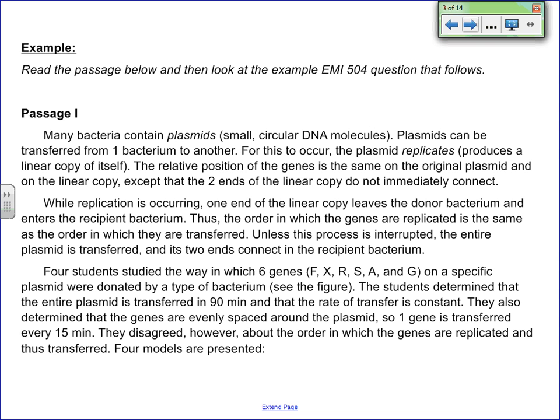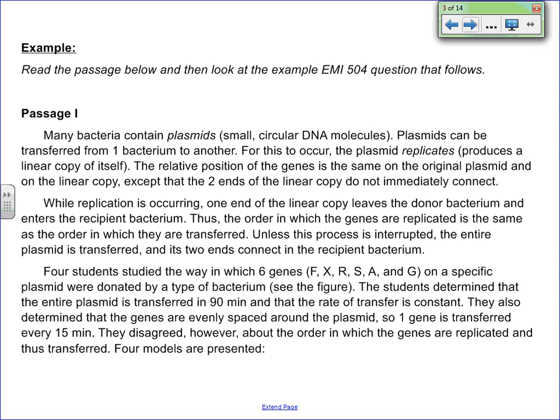While replication is occurring, one end of the linear copy leaves the donor bacteria and enters the recipient bacteria. Thus, the order in which the genes are replicated is the same as the order in which they are transferred. Unless this process is interrupted, the entire plasmid is transferred, and its two ends connect in the recipient bacteria.